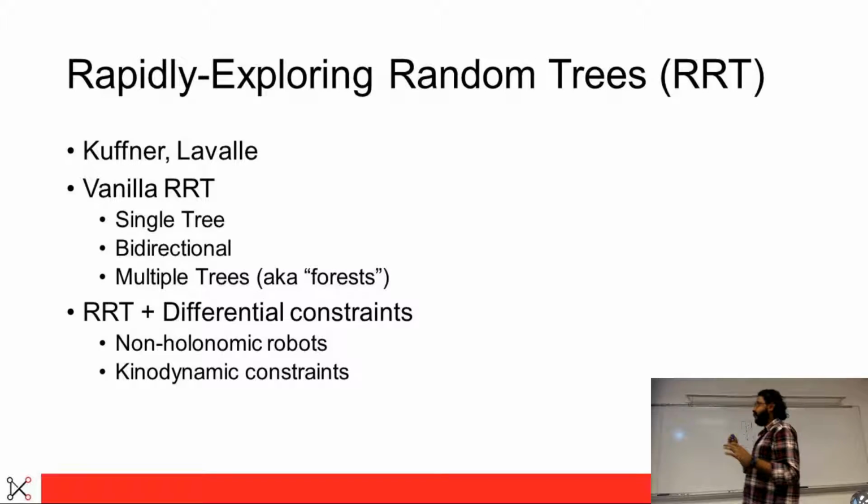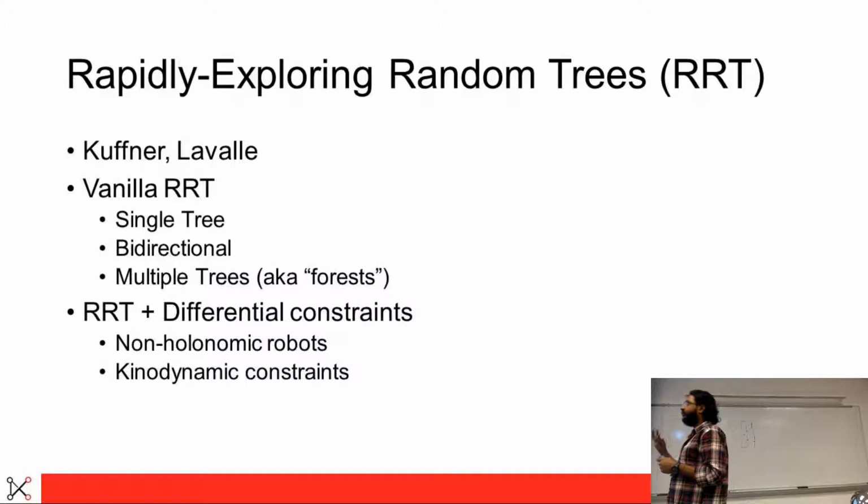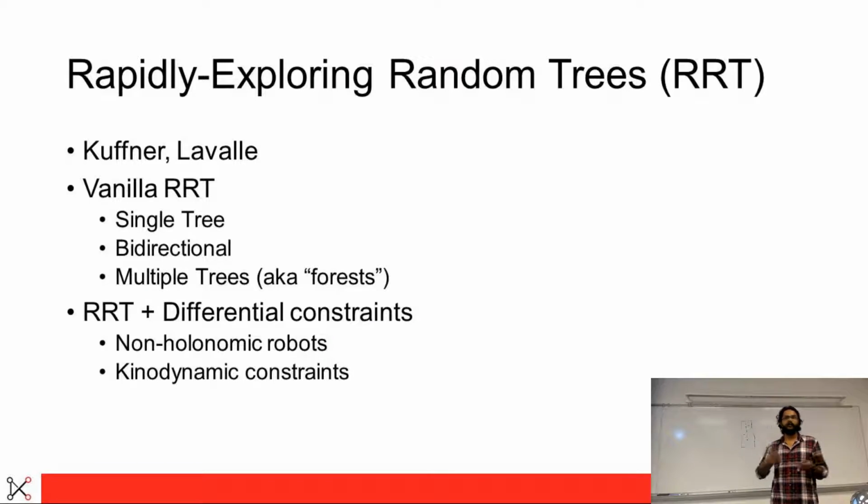Normal RRTs, the basic ones, come in three flavors. One of them is a single tree, one of them is a bidirectional tree, and you can have a forest of multiple trees together.